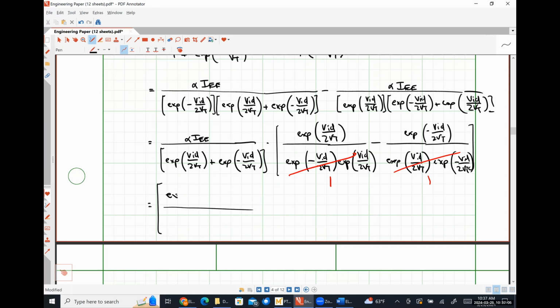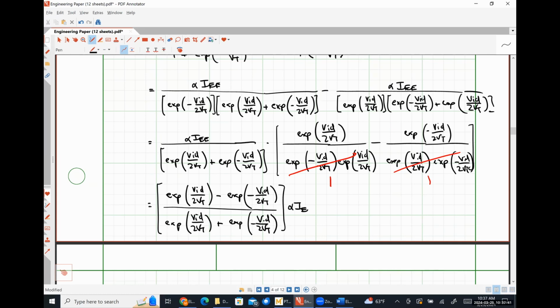So the exponential of VID over 2VT minus the exponential of negative VID over 2VT, divided by the exponential of VID over twice VT plus the exponential of negative VID over twice VT, alpha IEE.